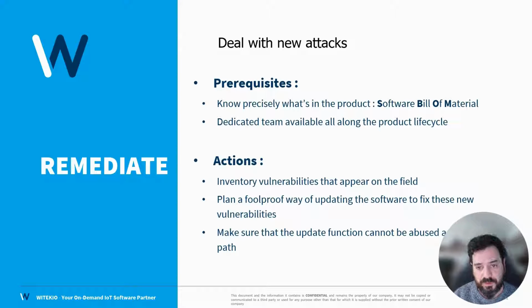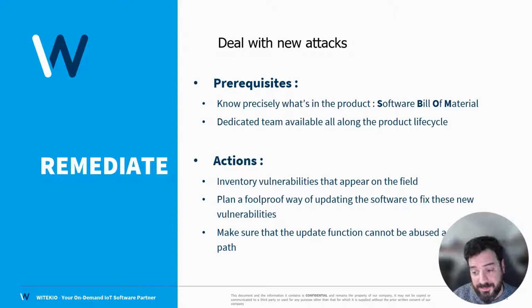So in order to do this, the keystone for everything is to know precisely what's in the product. So you need a proper software bill of material of all software components that are included into your Linux system in order to be able to inventory the vulnerabilities that appear on the field on the specific components that you are using.